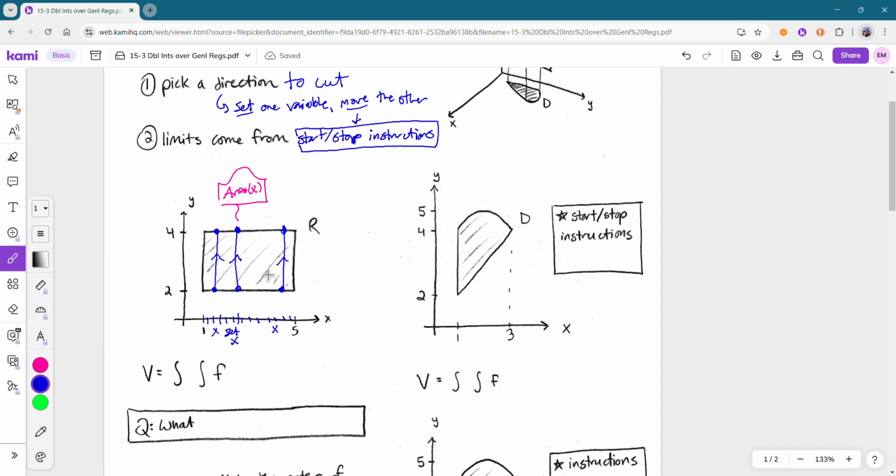In each case, we are moving y from 2 to 4 always. And I claim because of that, that's what allows us to set up our integral where we are moving y to start. We're always moving y from 2 to 4.